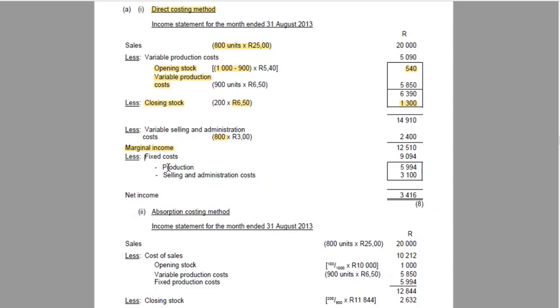And remember, if you started answering this question by putting in these numbers, you don't need to go and look again. You've already put them in because they are given. Then after getting your contribution, you less your fixed cost, you get your net income. That's how quickly you can go about this question.